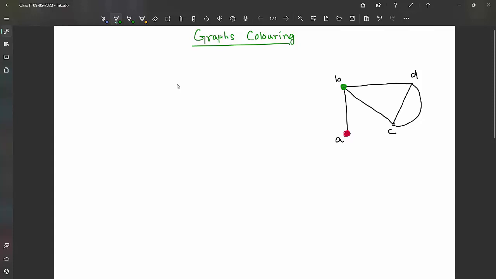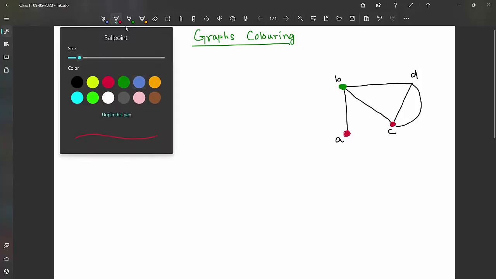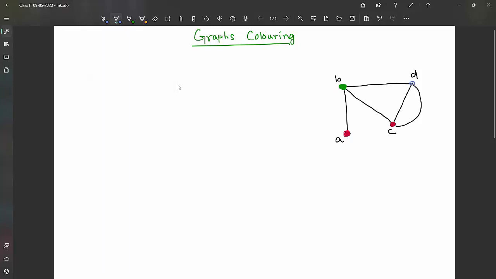So we choose green for B. After that, you can see that D and C are both adjacent to B but not adjacent to A, so you can fill C with red again, but not D, because D is adjacent to a red vertex. D is adjacent to B, and D is also adjacent to C. So you have to choose another color to fill that vertex, and suppose we take blue.